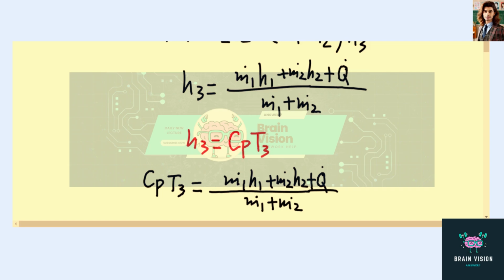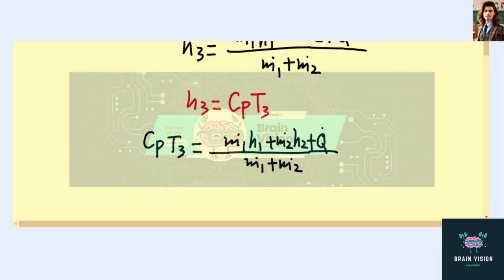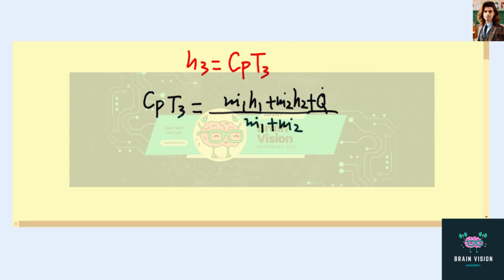Since the question says to assume the gas has constant specific heat, the specific heat for all the ideal gases here should be the same. So we can express H1 as Cp times T1, where T1 is the temperature of the first ideal gas, and H2 as Cp times T2.